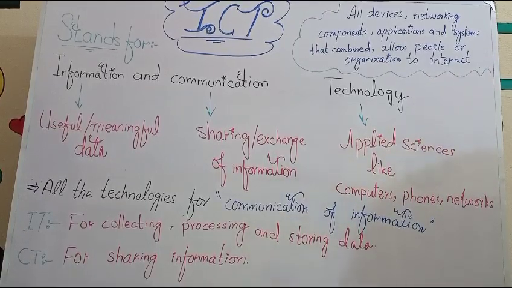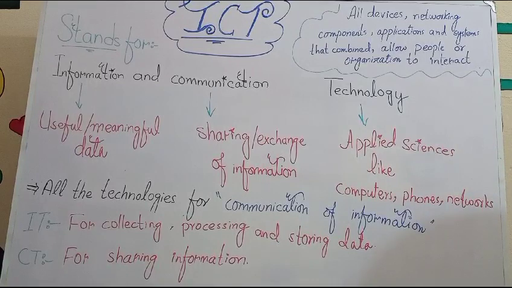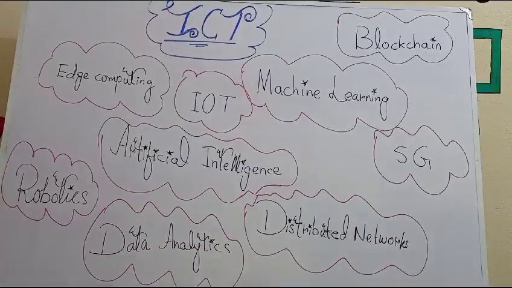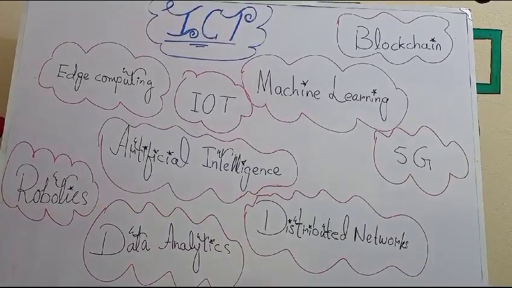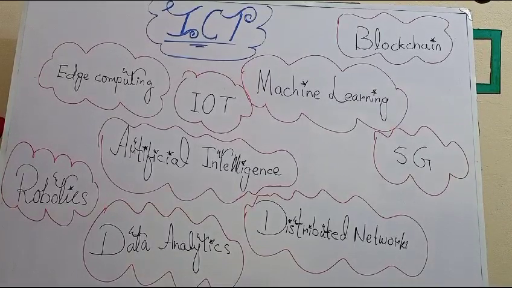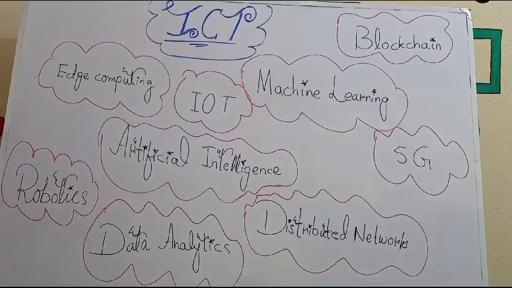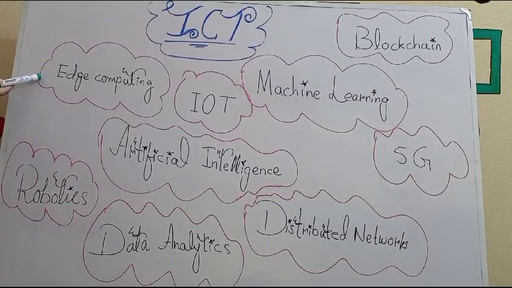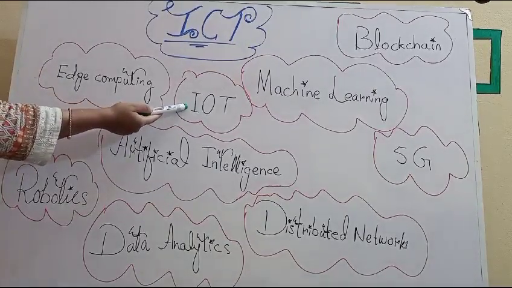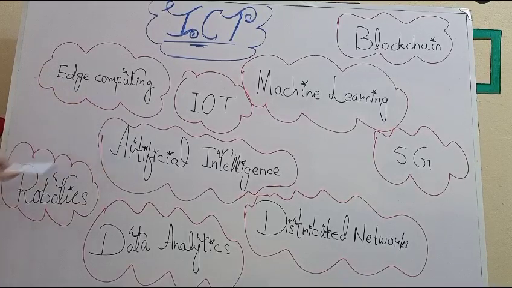So friends, there are a lot of technologies that come under the umbrella of ICT, and I am going to mention some of the technologies that are very important and efficient, and need to be discussed in the next videos. So here are the technologies that are important and come under the umbrella of ICT: edge computing, IoT, Internet of Things, artificial intelligence, robotics.